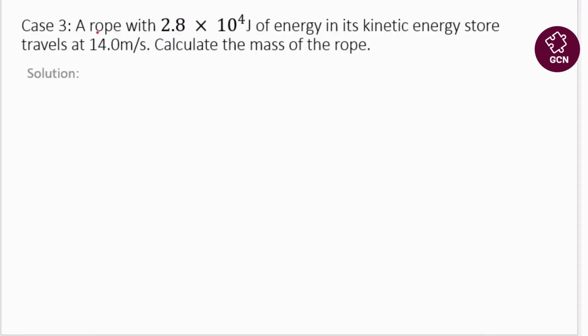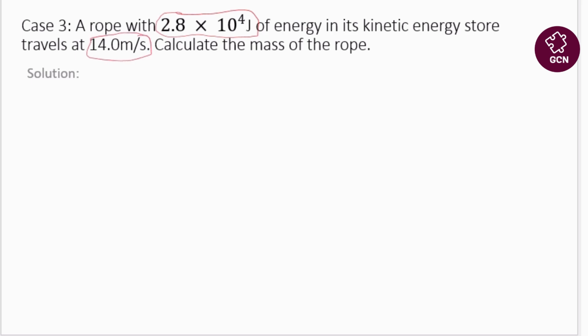We have a rope with 2.8 times 10 raised to power 4 joules of energy. Take note, joules. That means we are given the value of the kinetic energy in the store. And it travels at 14 meter per second. Take note of the unit, meter per second, and that's the unit of the speed.